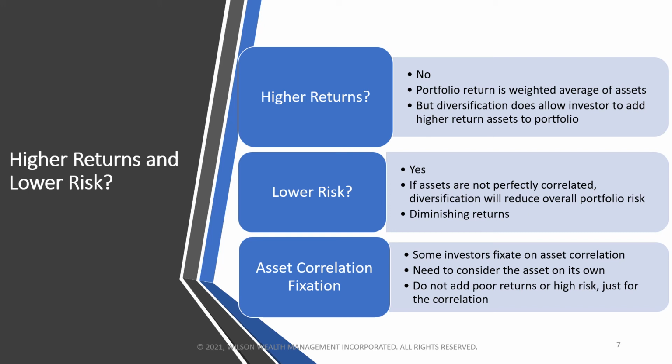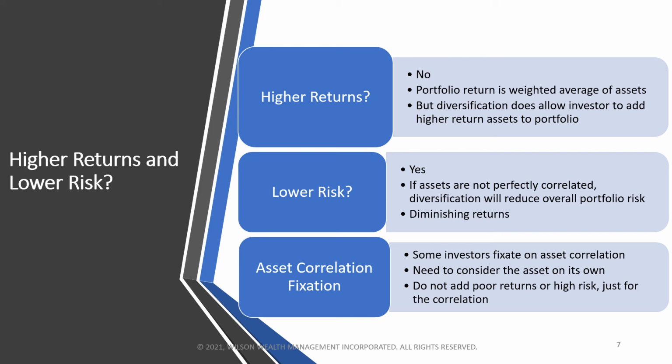That said, we did talk about the diminishing returns. For every additional asset that you bring into the portfolio, it's diluted against the greater portfolio overall. And so depending on what the weight is of that asset, it may have more or less impact on risk reduction.